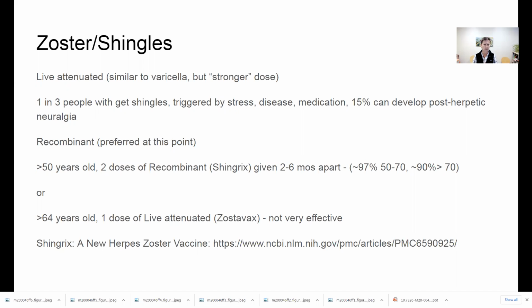So we initially had the Zostavax, which was the live attenuated, and it really was not a very good vaccine, flat out. The Shingrix, which is our current vaccine, is a recombinant, and this is a more effective vaccine, about 97% for those 50 to 70, maybe approximately 90% greater than 70. You need 2 doses of this vaccine.